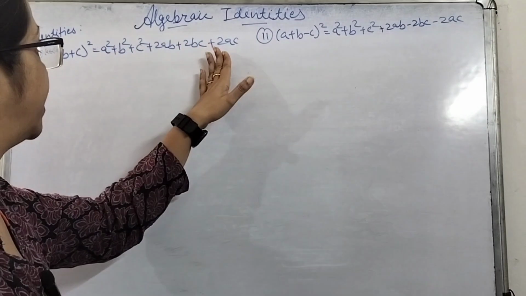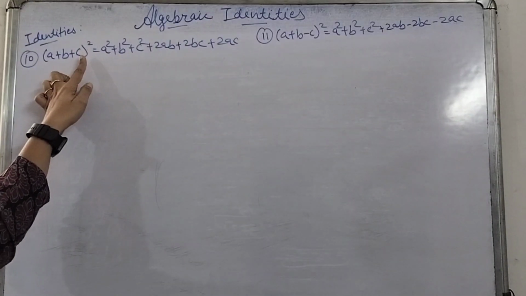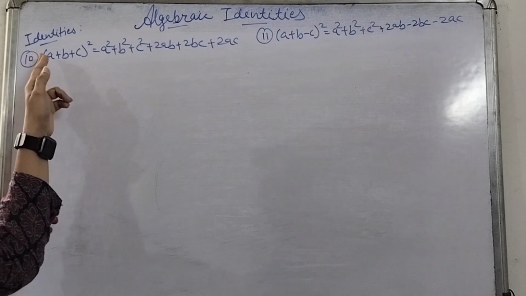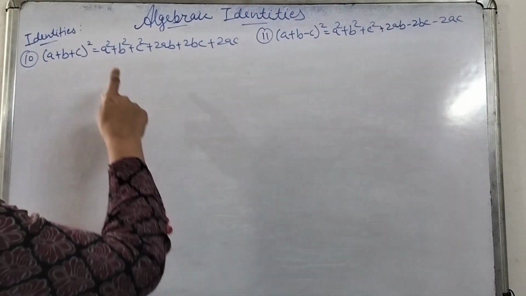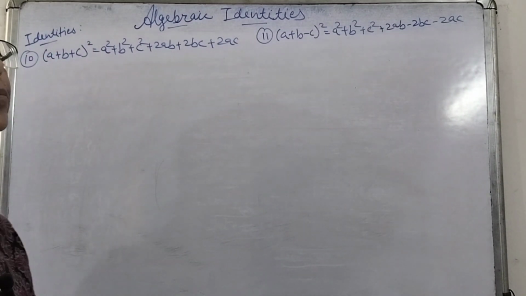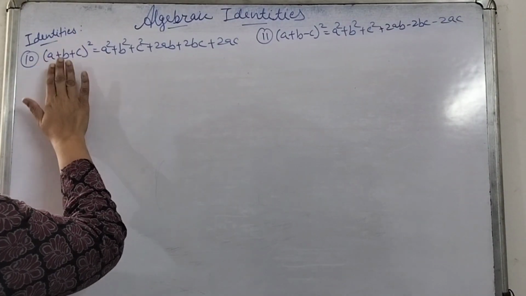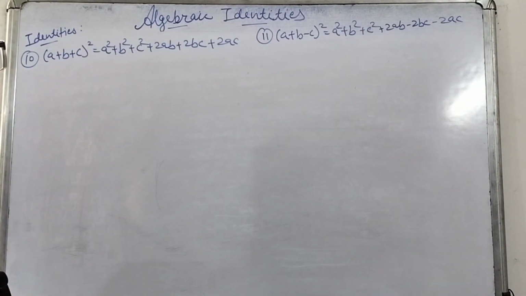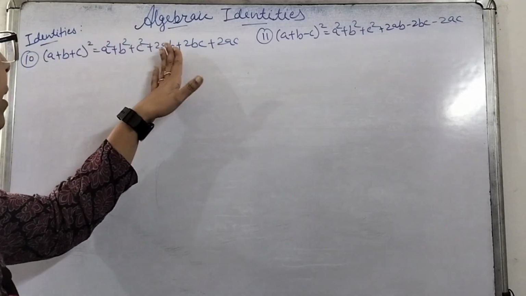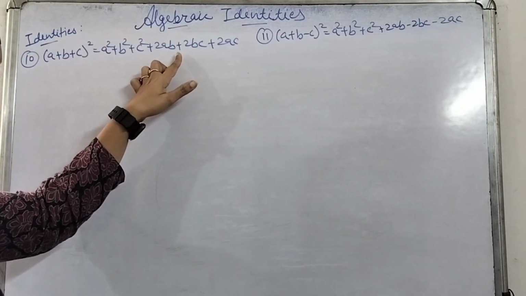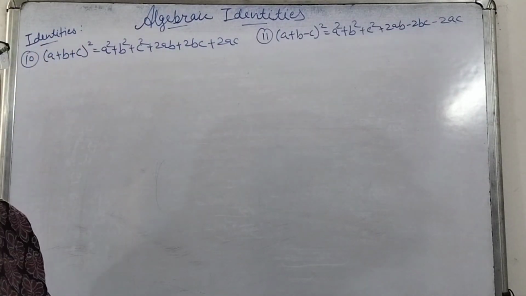This is the expansion of a plus b plus c whole square. Here a could take any value, and there could be any value for b also, and for c also. Whatsoever the values of a, b and c are, the same we will be replacing in the RHS, and that will give us the square of the trinomial.